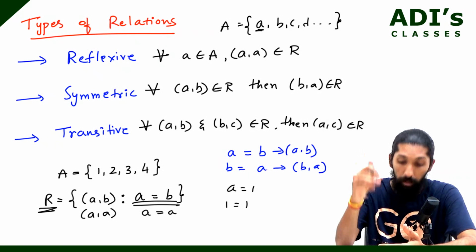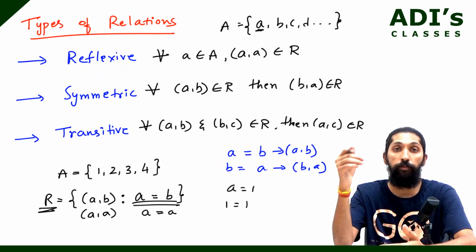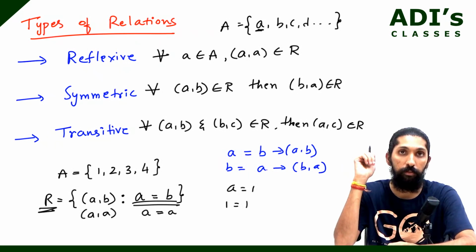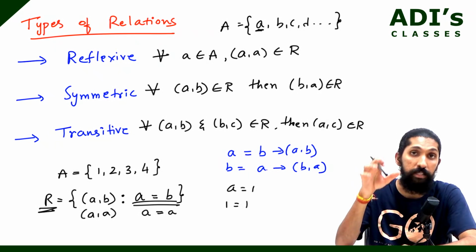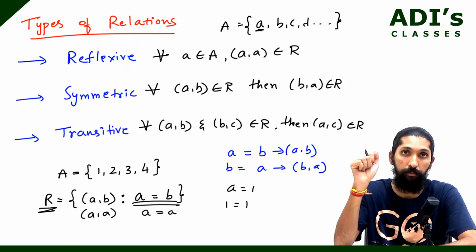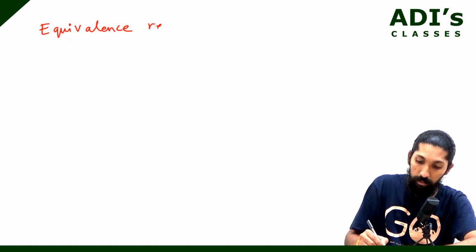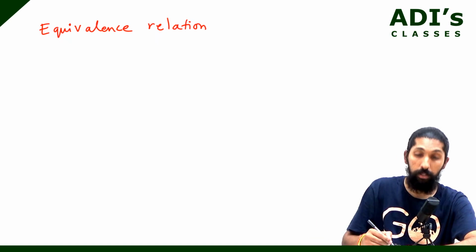Now suppose you have some relation which is reflexive, symmetric as well as transitive, then we have a special name for it. We call those equivalence relations. These relations are those which satisfy all three.